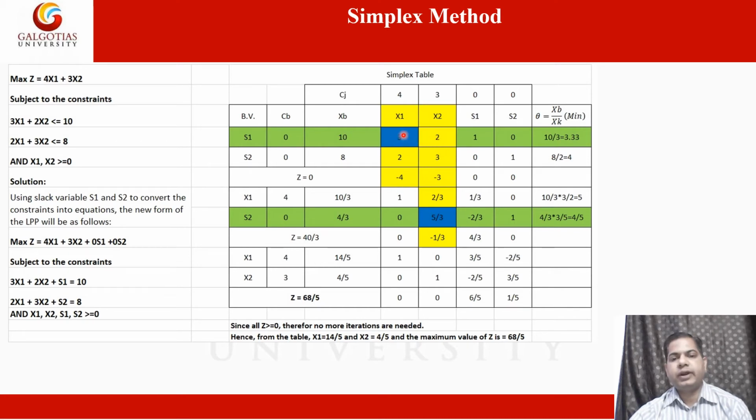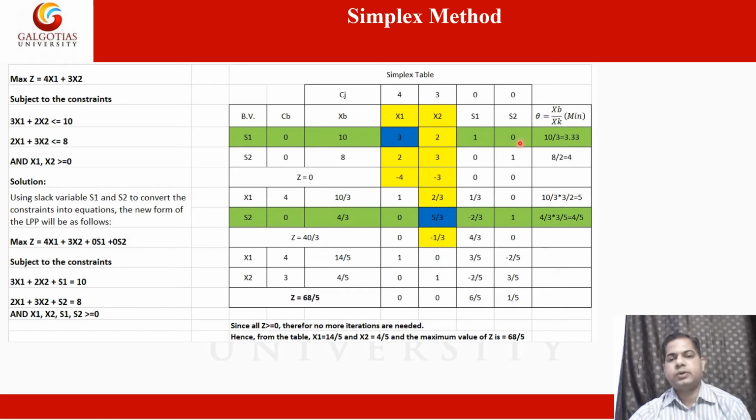Whatever comes is divided by the key element, so this value will be 5 by 3. Now the changed value of this 0 is 0 multiplied by 3, that is 0, minus 2 into 1, that is 2, and whatever comes is divided by the key element. So this is minus 2 by 3. Now the changed value of this one is 1 into 3, that is 3, minus 2 into 0, that is 0.